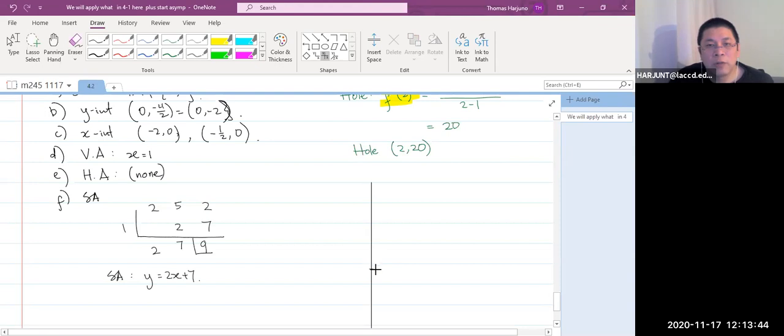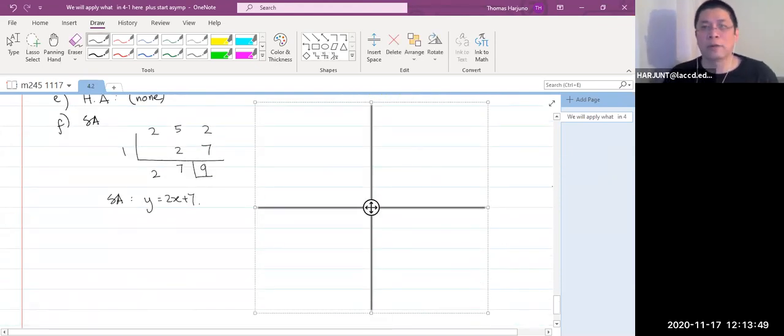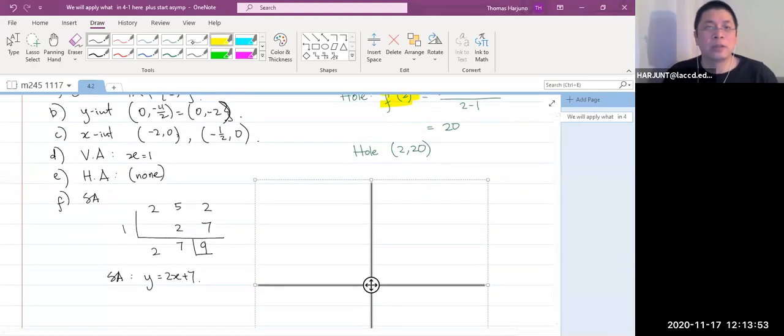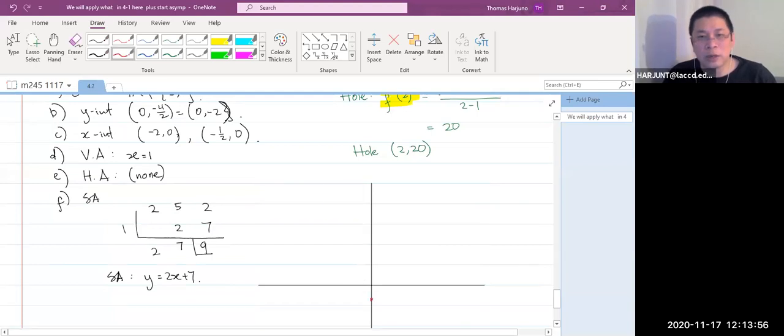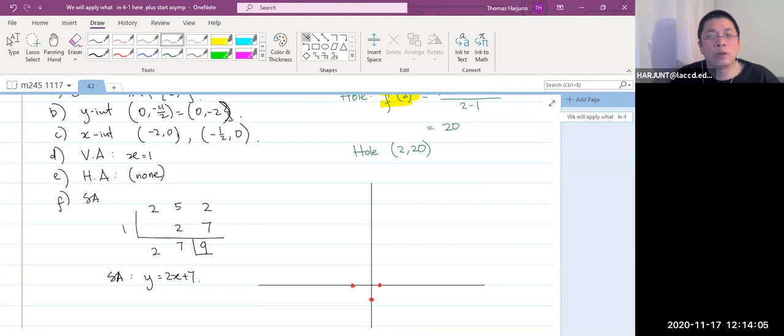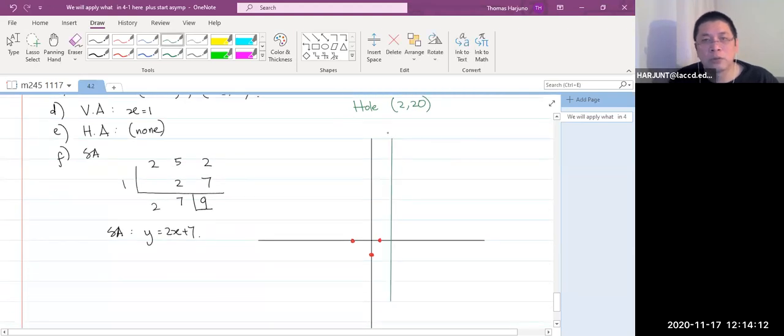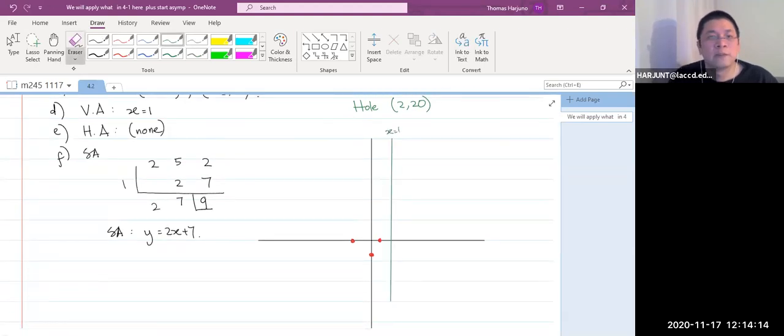Let me try to graph that without scale, because otherwise I need a big graphing paper. The y-intercept is (0, 2), so let's say it's here. X-intercepts (-2, 0) and (-1/2, 0). Vertical asymptote x equals 1, here. Horizontal asymptote is not there.